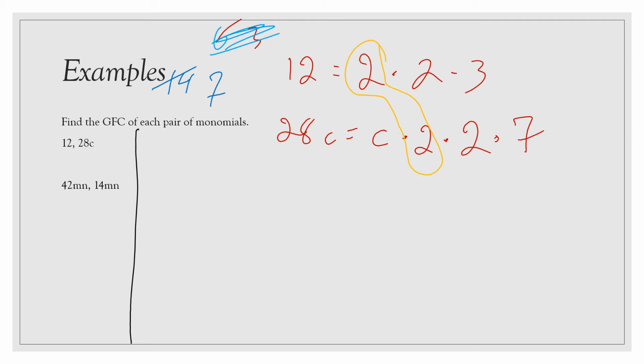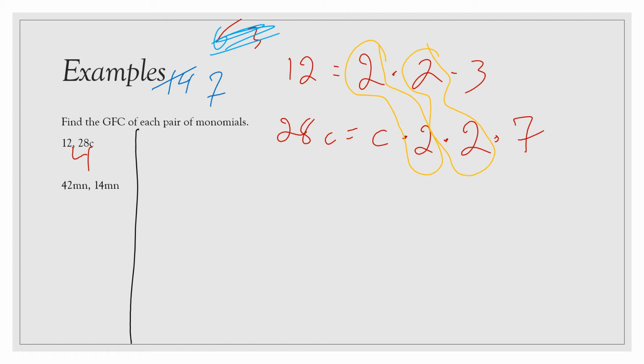Another 2. Is there a 2 for 28C? Yes. So there's another set. 3. There's no 3 down there. And that's the end. Just double check. There's no C in the 12, and there's no 7 in the 12. So that means that our greatest common factor, again, we're looking for the largest. The greatest common factor is not the smallest number that goes into it. It's the largest number that goes into both. And so in this case, it's going to be 2 times 2, or 4. So our answer for this one is going to be 4.